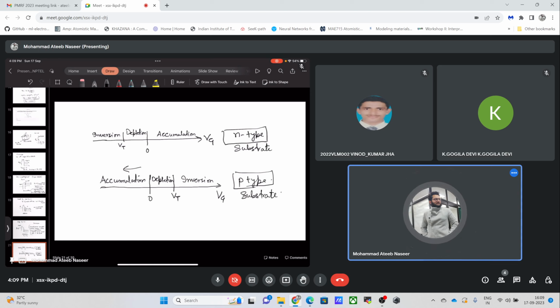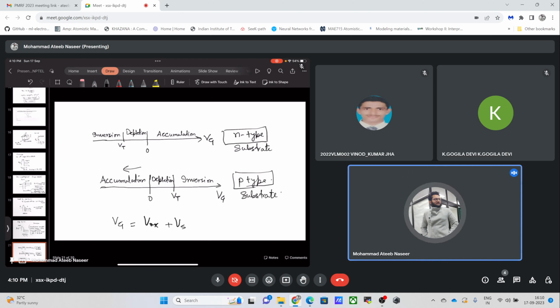Okay, now we can move towards the capacitance part of this. Whenever I am applying some gate voltage Vg, it drops across two things. One is the oxide and another is the semiconductor. Here we are considering that there is no drop across the bulk semiconductor.